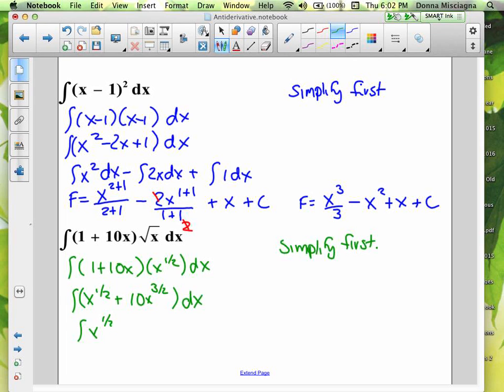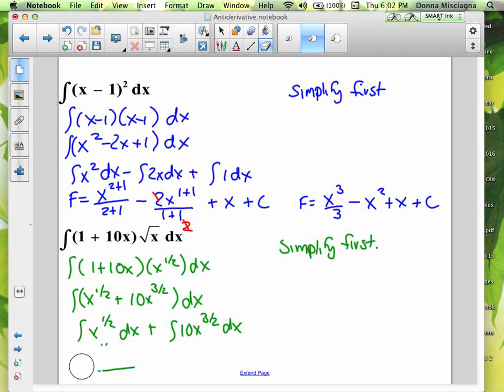So the integral of x to the 1/2 dx plus the integral of 10x to the 3/2 dx. And so we would increase the exponent by 1, sorry, I meant to put a 2 there, and divide by the same thing. I'm going to shorten up my steps just a little bit here, so I hope I don't lose anybody.